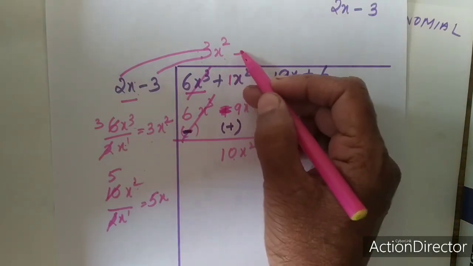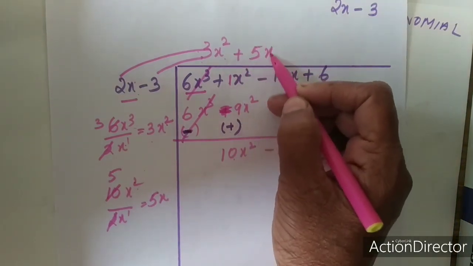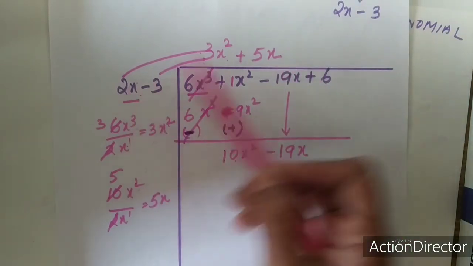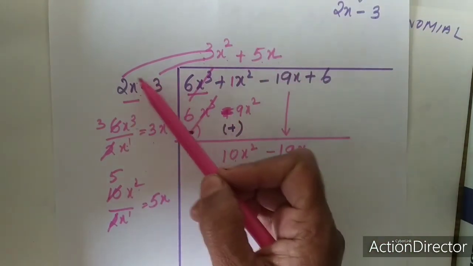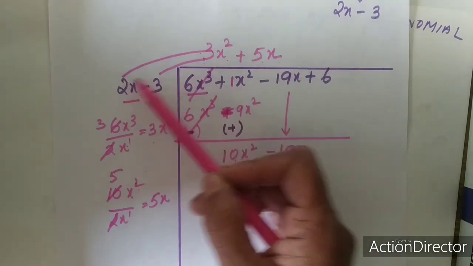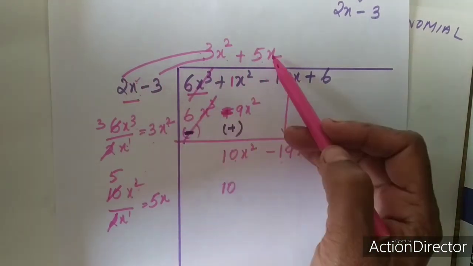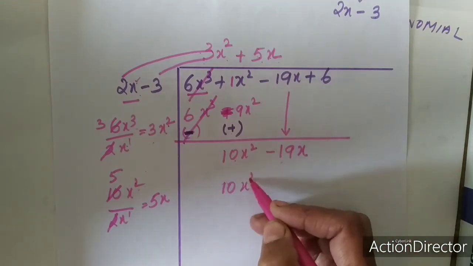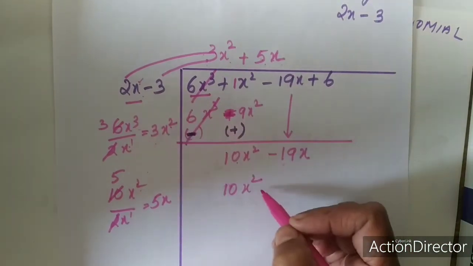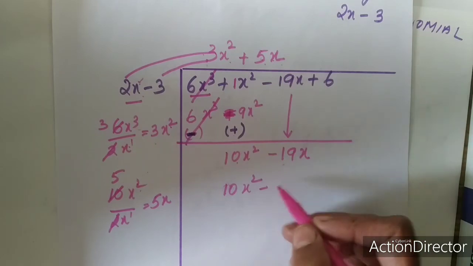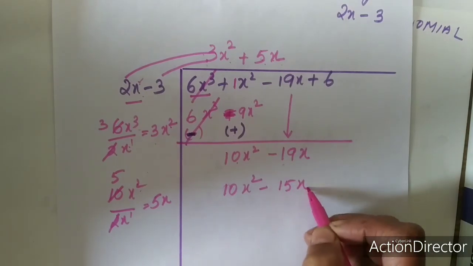So in the quotient I will have 5x. Now you multiply 2x into 5x. First the number 2 into 5, 10, x into x, x². Minus 3 into 5, 15x.